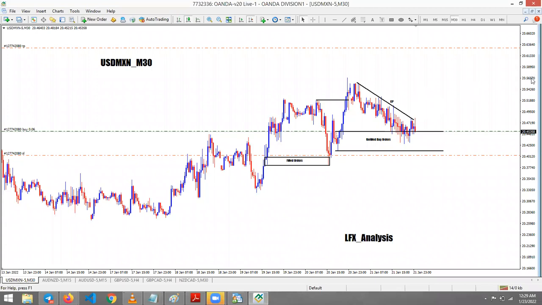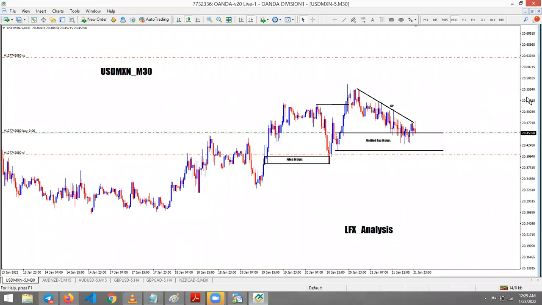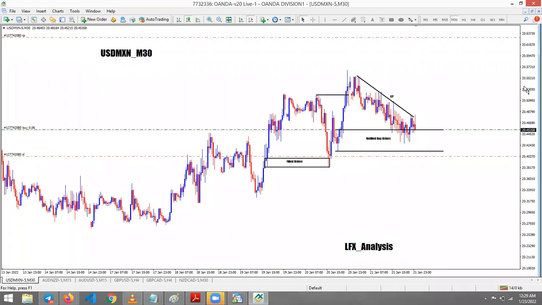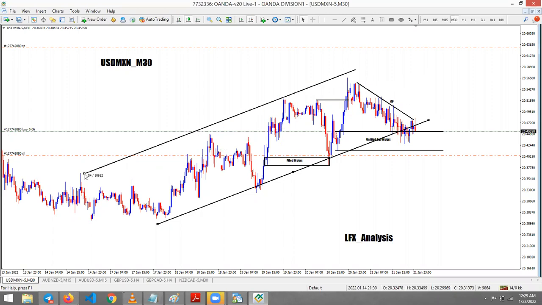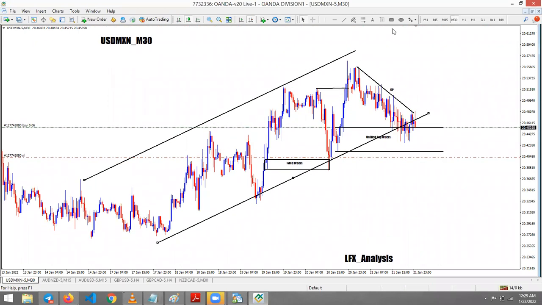Okay, this is the US dollar against the Mexican peso. You can notice here we had an uptrend, right? In an uptrend, you look out for buy opportunities.